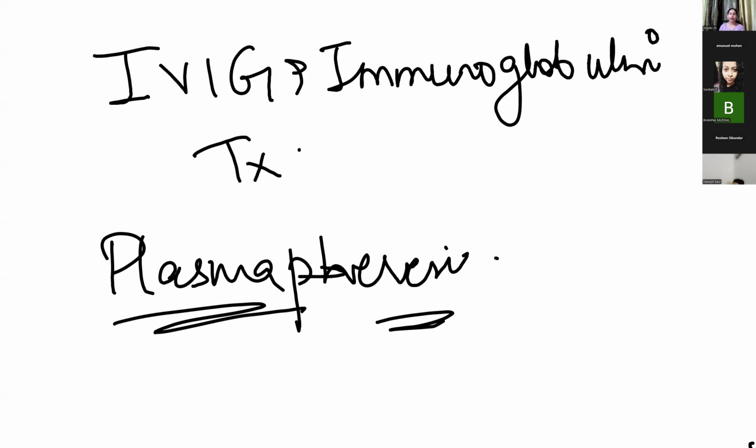That's a subtype and not of any relevance for you. Miller-Fisher is something quite deep. In it, areflexia happens, ataxia happens, then ophthalmoplegia. But you don't need to go to that side.